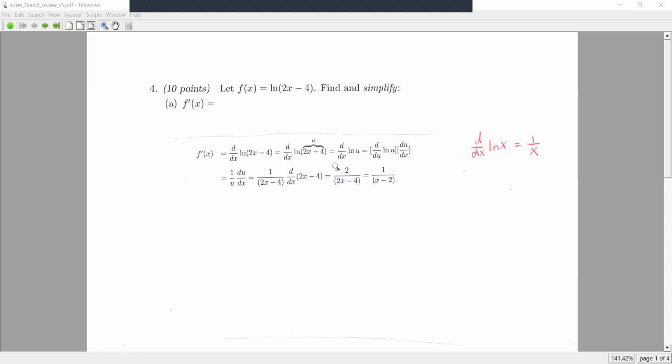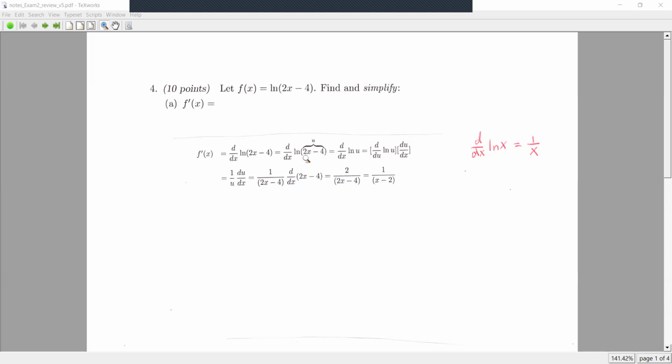Natural log of u, derivative with respect to x. To compute this derivative, I need the chain rule. I insert du to the bottom and to the top and make the derivative become the product of these two derivatives. Derivative of natural log of u with respect to u by the formula is 1 over u.